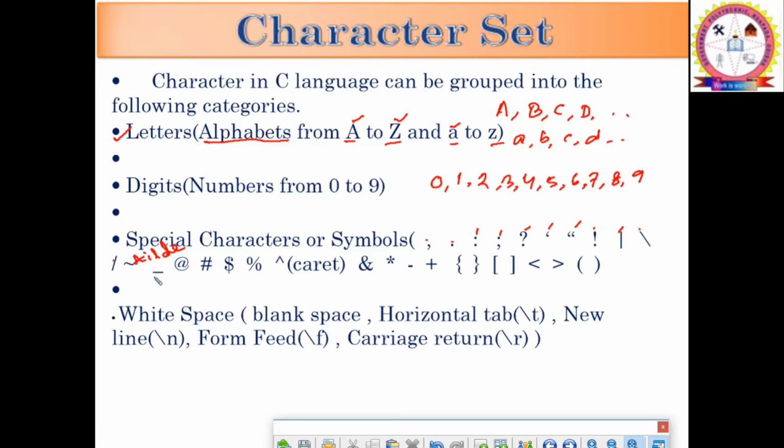This is the underscore, @, hash, dollar, and percent, which we can use in the C language as the modulus symbol.